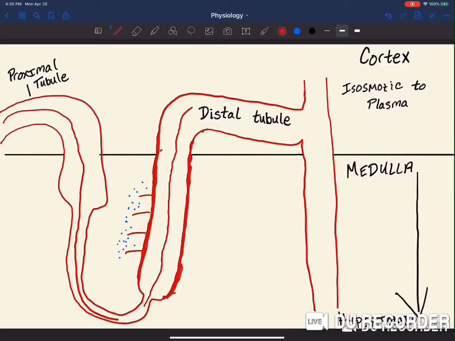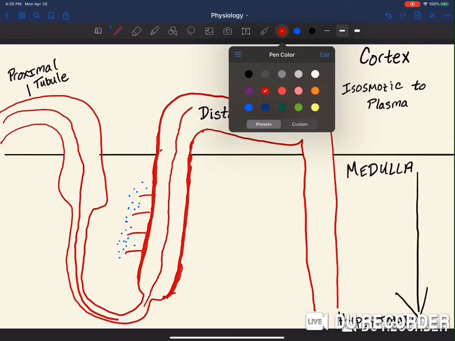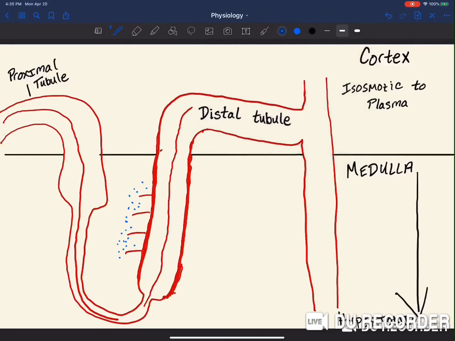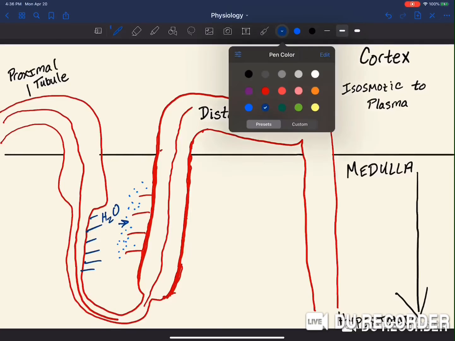It's going to start releasing water. And I really shouldn't have done blue for sodium, but that's okay. Okay. So the descending loop is going to start releasing water because the water is following the solutes that were released from the ascending loop, right?